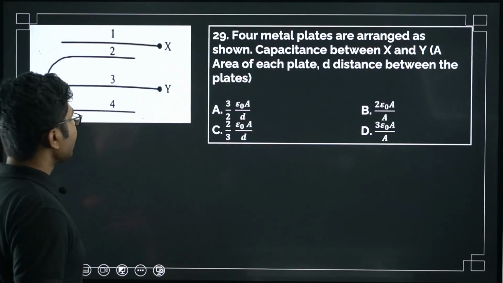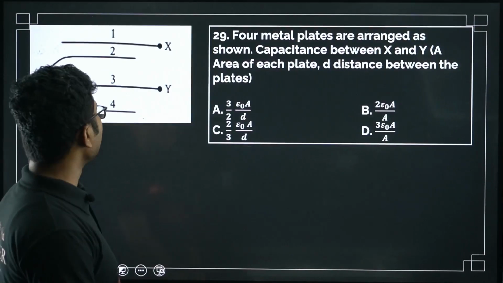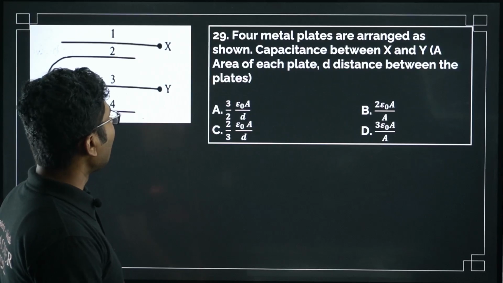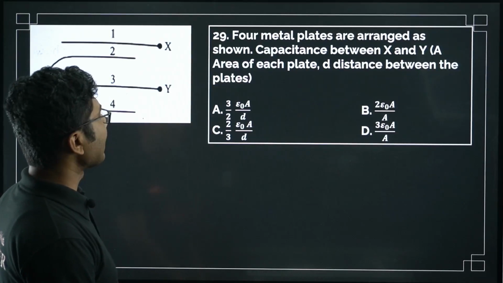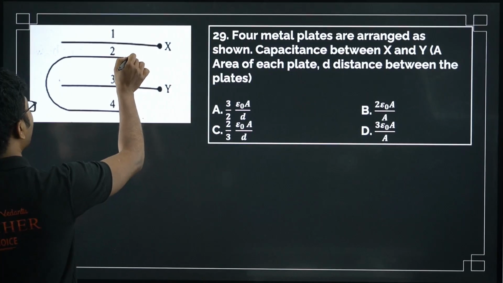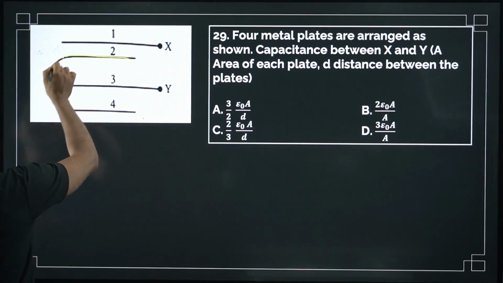Okay, now next question. 4 metal plates are arranged as shown in the figure. Find the capacitance between X and Y. So here we have 4 metal plates arranged like this.